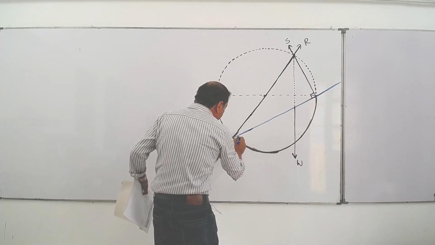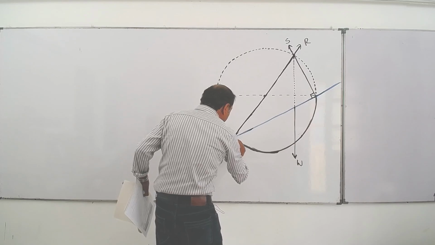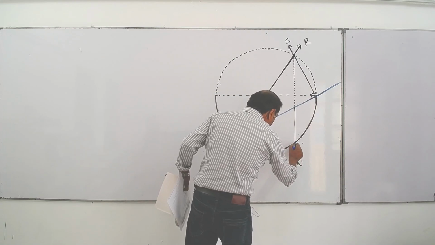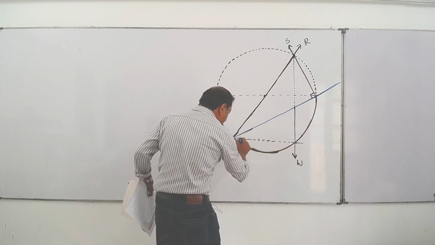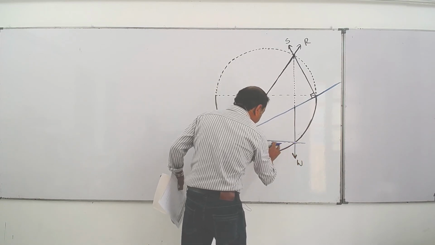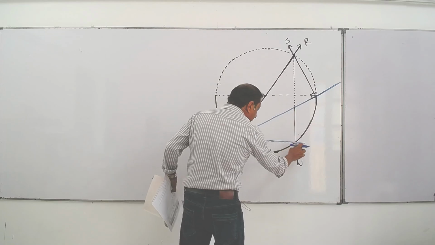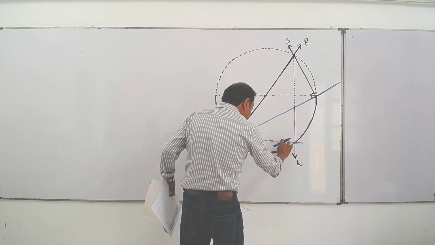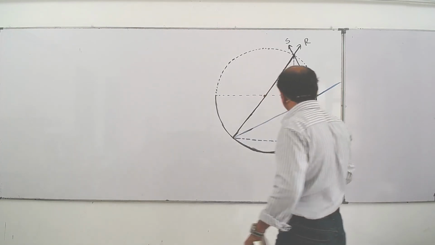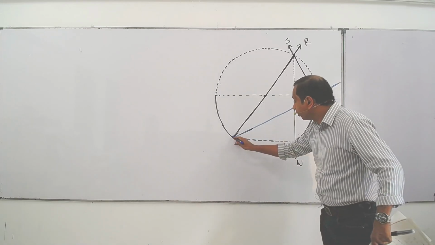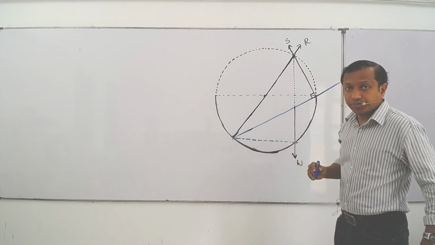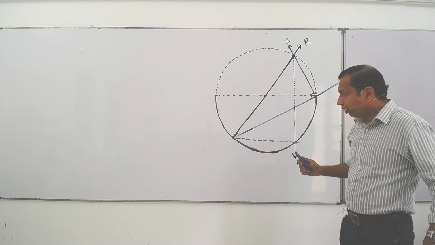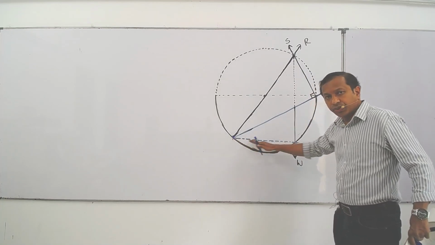Now I make a construction like this. I draw a horizontal line through this point. When we draw this circle accurately, the horizontal line definitely passes through this point here. The reason: this is a diameter. From this end of the diameter we draw a vertical line, and from this end of the diameter we draw a horizontal line.